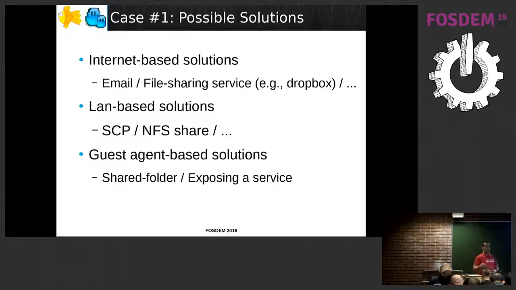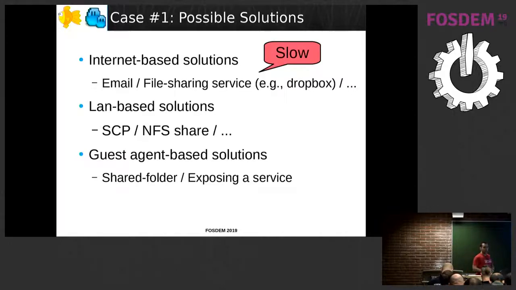I can upload the file from the virtual machine using my email, if the file is small enough. For larger files, I can use a file sharing service such as Dropbox, Google, and so on. The problem with this kind of solutions is that they are based on uploading via the internet, and therefore they are relatively slow.